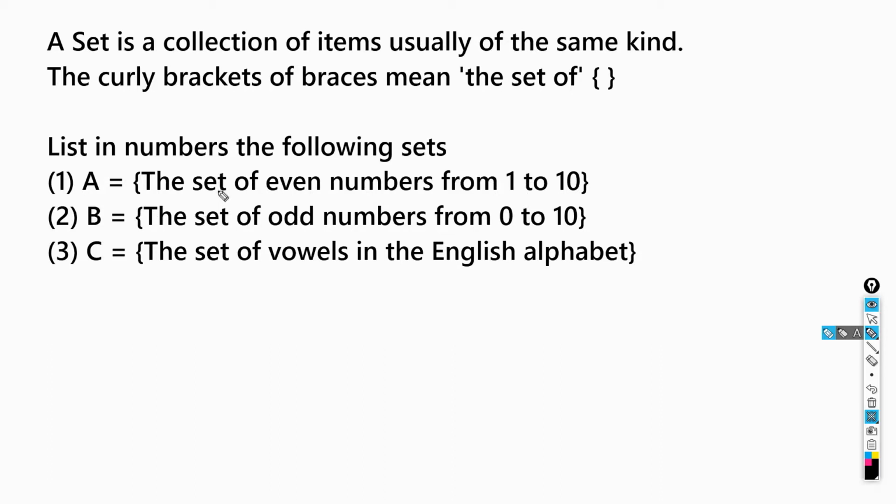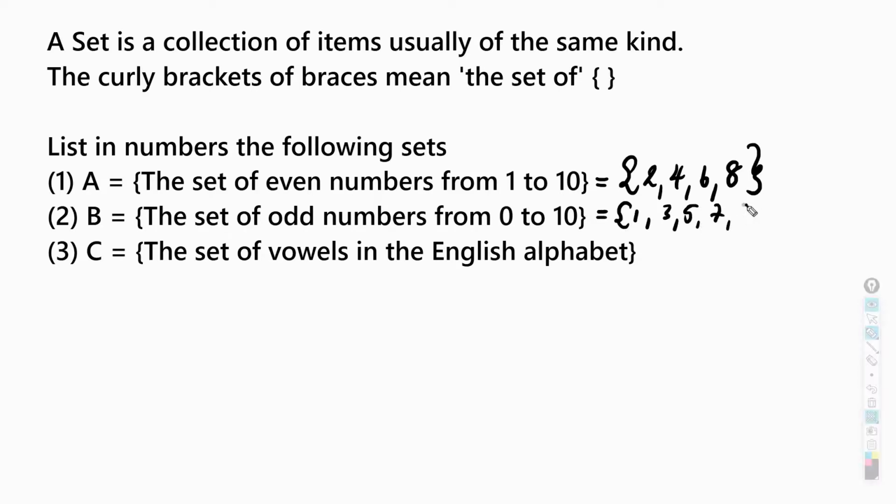The first one says A is equal to the set of even numbers from 1 to 10. So this would be 2, 4, 6, and 8, because those are the even numbers from 1 to 10. The next one says a set of odd numbers from 0 to 10. So that would be 1, 3, 5, 7, and 9.